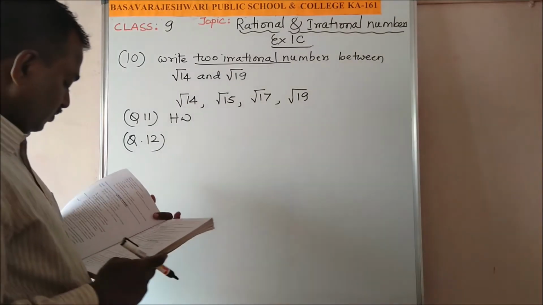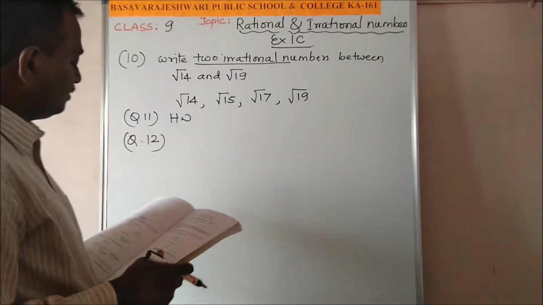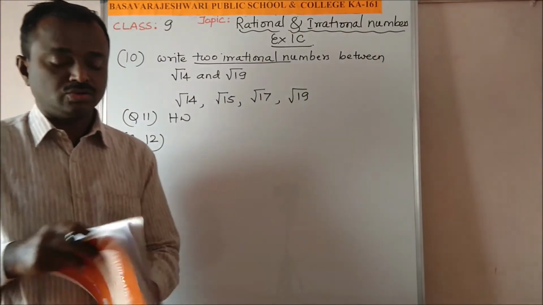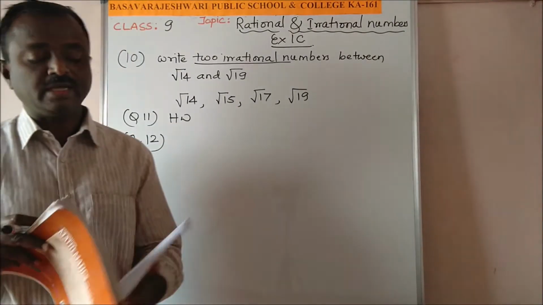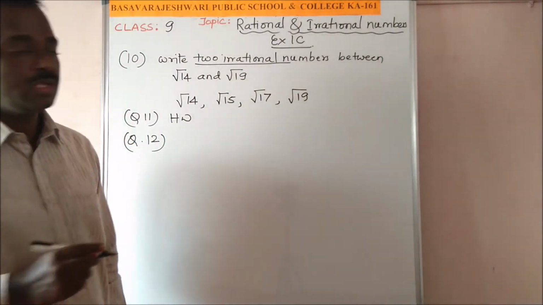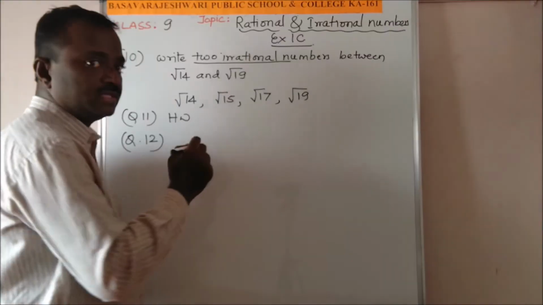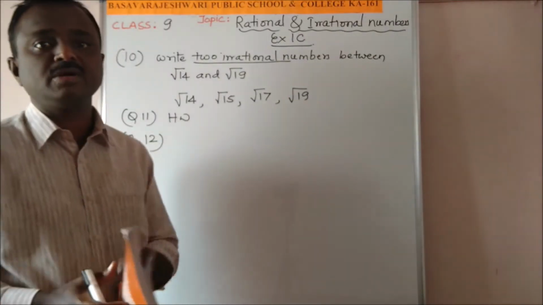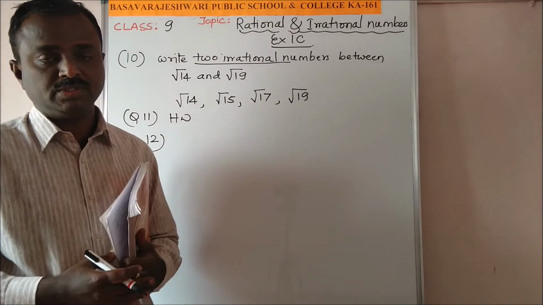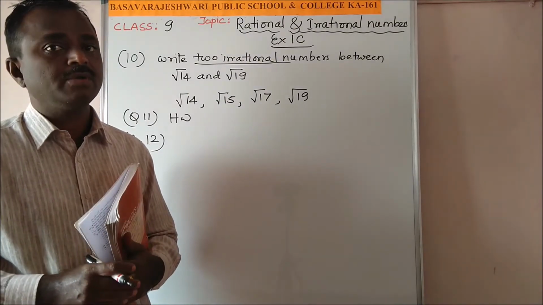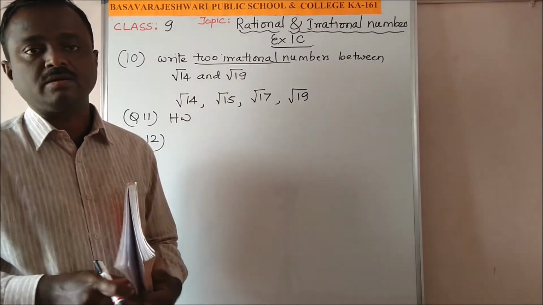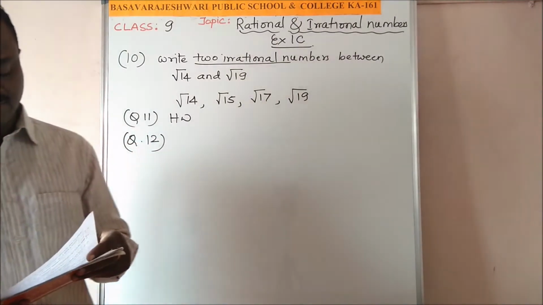If you observe any two rational numbers, if we add those two rational numbers, we will get a rational only. Rational numbers means numbers which can be expressed in the form of p by q.